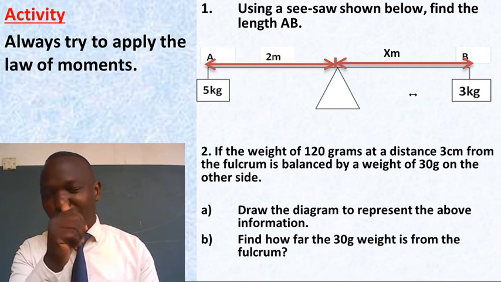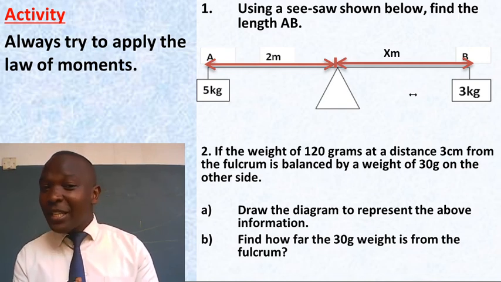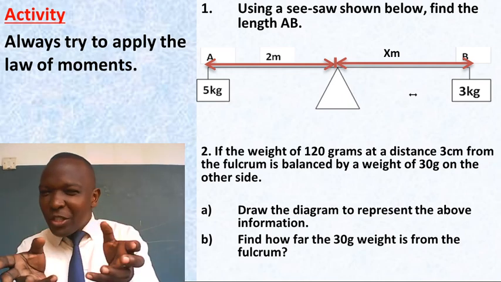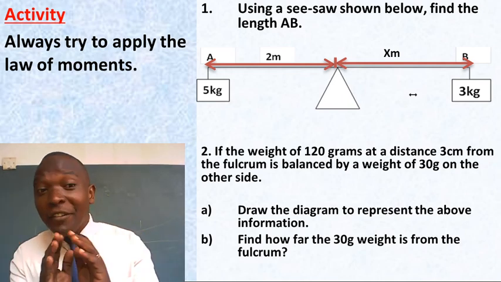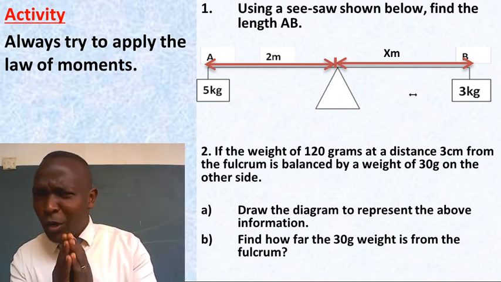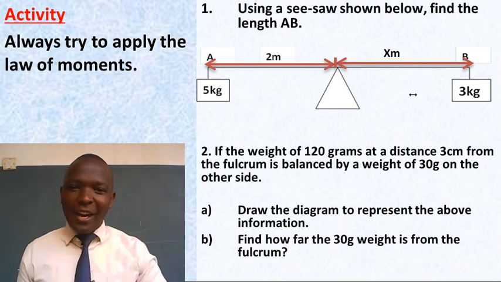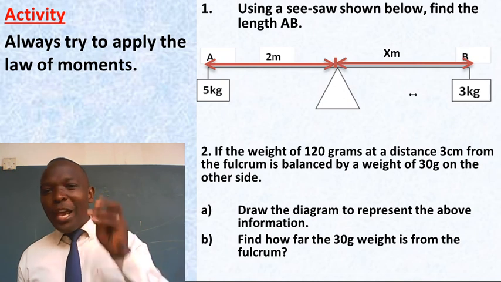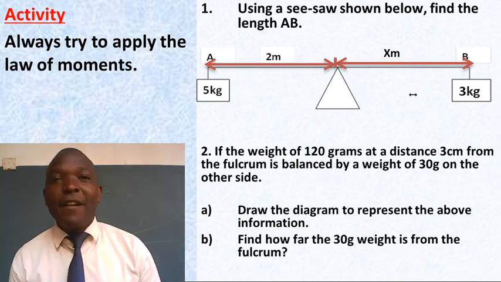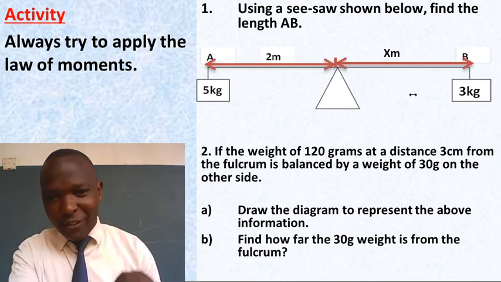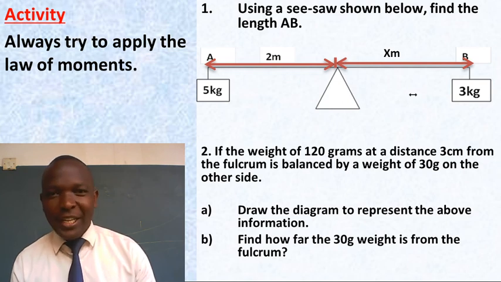This is also nice for a candidate. They want us now, in this case, to represent that information in diagram form. After representing it in diagram form, what do you do? They're telling us in part B, find how far the 30-gram weight is from the fulcrum, or what we call the pivot. Thank you, candidates.